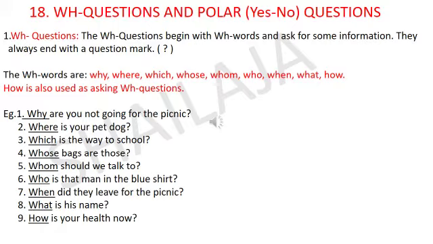When did they leave for the picnic? What is his name? How is your health now? So all the underlined words are the WH words, or the question words. They ask questions and expect some information about the question asked.